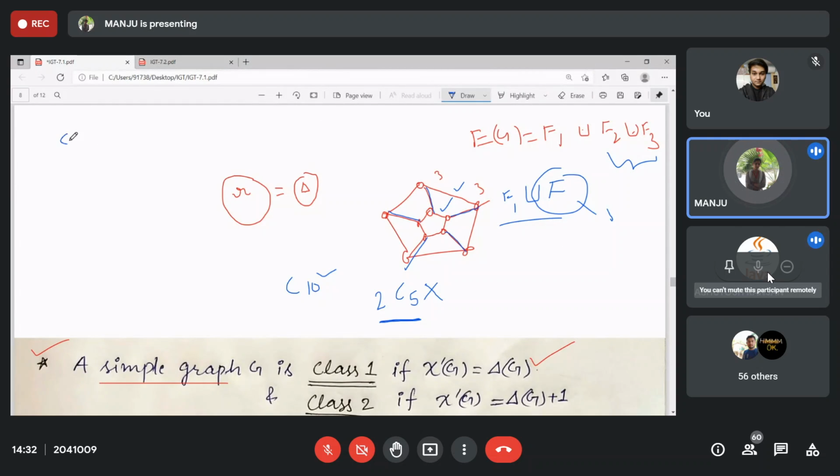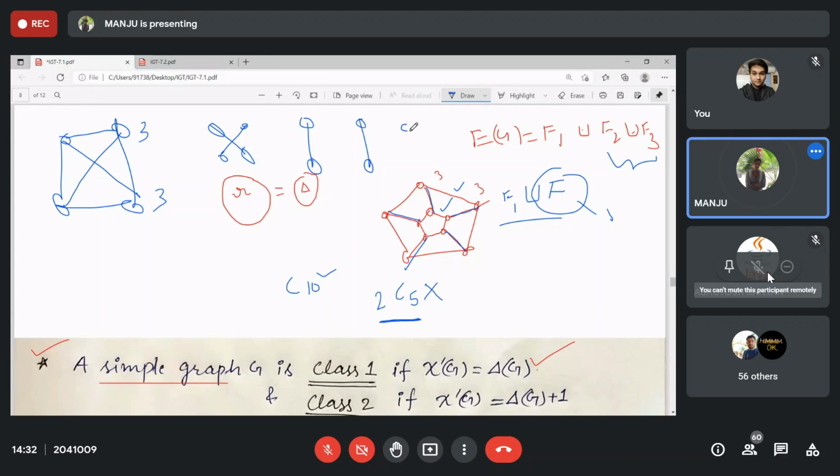Now look at K4. K4 is also 3 regular. So one factors exist, one is this one. Another is the opposite edges, this vertical one and this lateral one.